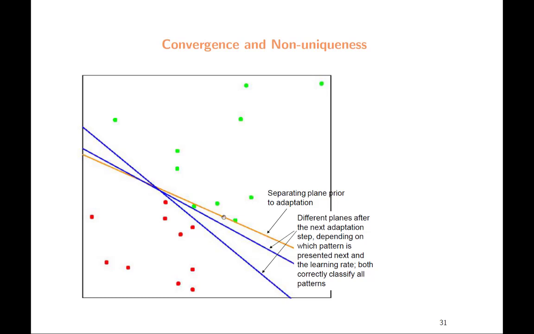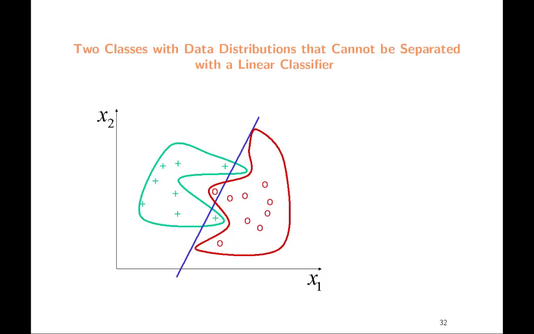And so it will end here because all the training data is correctly separated. But this also shows a little bit the stochasticity, depending on what the last data point was, which brought it to this correct solution. It will find a slightly different separating hyperplane. So the solution is not unique.